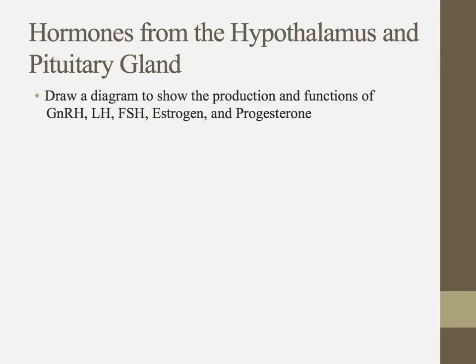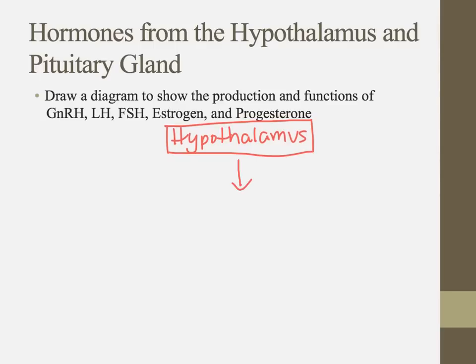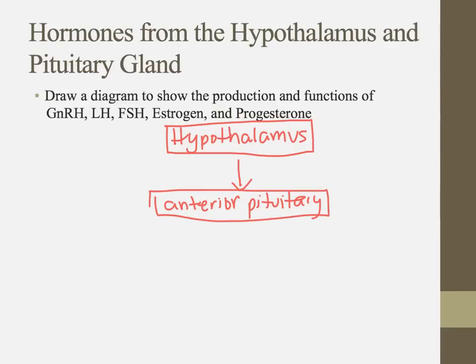Let's take a look at how these hormones all interact, and I'm going to start off with the hypothalamus. The hypothalamus is going to produce a hormone that tells the anterior pituitary what to do, and this bossy hormone is called GnRH, gonadotropin releasing hormone.